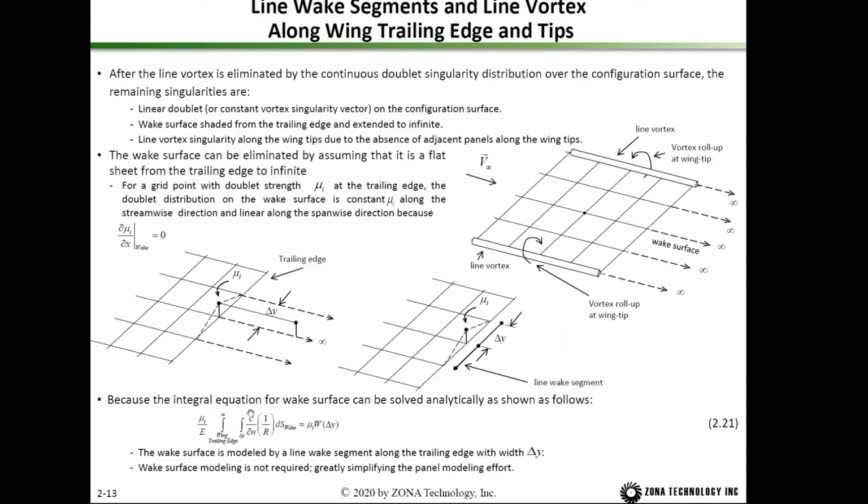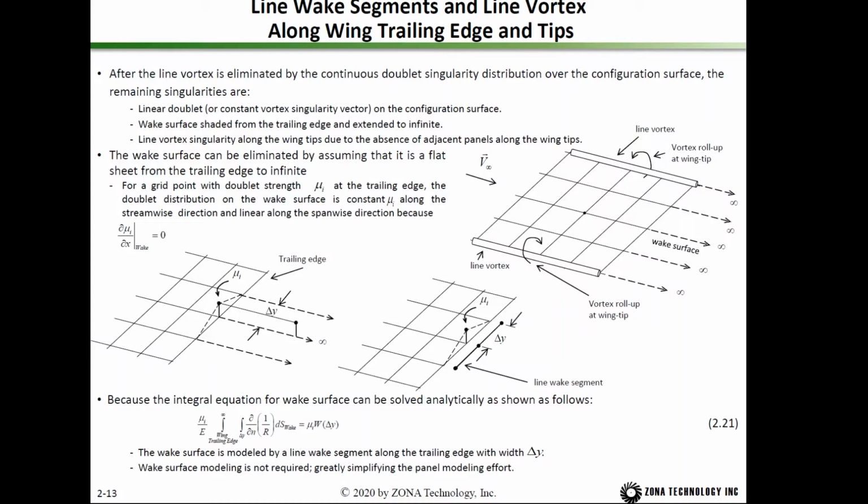Because the integral equation of the wake surface can be solved analytically, we integrate from the wing trailing edge to infinity. Therefore the wake surface is modeled by a line wake segment along the trailing edge with a width of delta y, and the wake surface model is not required.